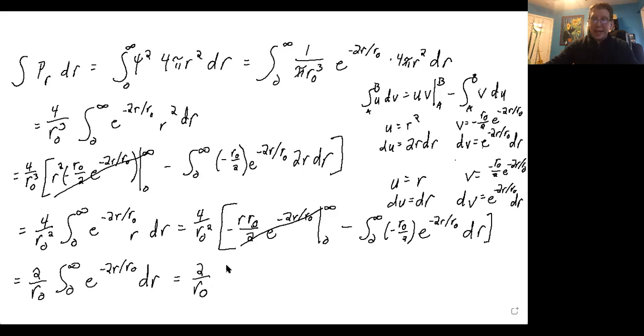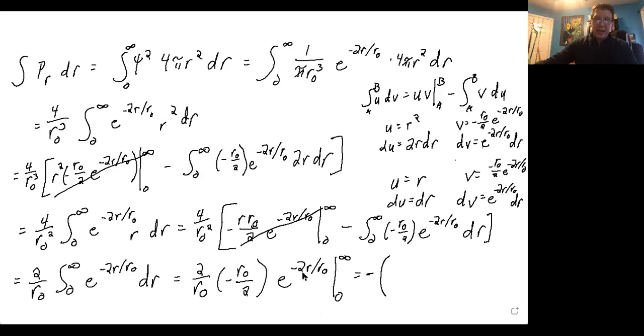You take the inverse of that, so that's negative r naught over 2 times e to the negative 2r over r naught, and you're evaluating from 0 to infinity. So because of the negative sign, you can start with the negative, and the 2 over r naught and the r naught over 2 cancel. So we'll just have the negative sign.